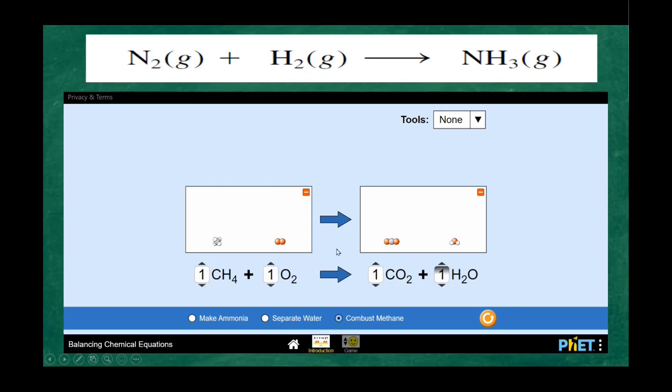So let's analyze the different atoms and the number of each atoms in the reactant and product. Okay, so we have 1 carbon, it is equal. But here, our oxygen is not equal. So therefore, we need to add it. And also our hydrogen. So let's add 2.